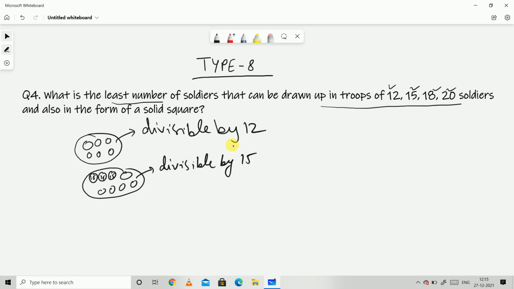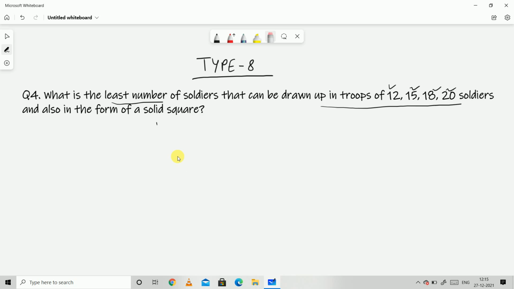Then only it can be formed into groups of those, right? If something can be grouped into groups of 12, obviously the total number of that thing will be divisible by 12, right? Is that clear? So we need to first find out the LCM of 12, 15, 18 and 20.